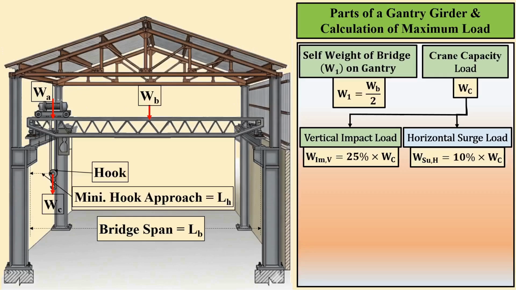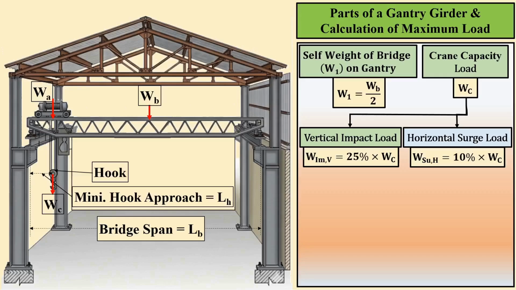According to design standards, the amount of vertical impact load, WIMV, is 25% of the crane lifting capacity, WC. Similarly, the amount of horizontal surge load, WSUH, is also 10% of the crane lifting capacity.